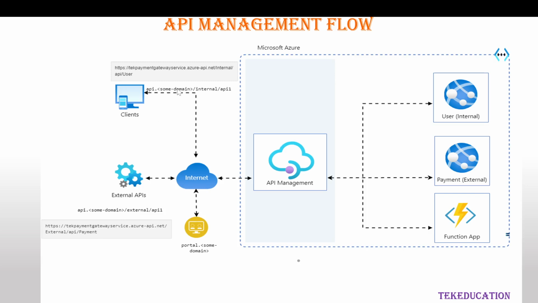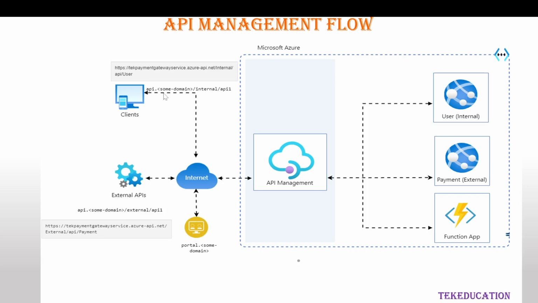The flow is, when the clients make a request via the internet, they will not be invoking the endpoints directly. They will be invoking the APIM endpoint. This in turn routes the request to the corresponding backend service. These backend services could be app services or even function apps.